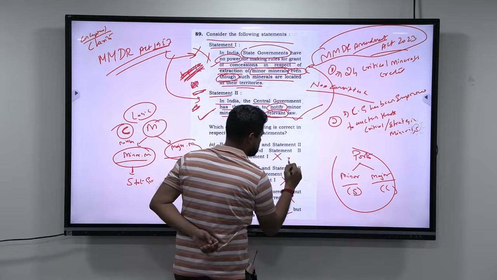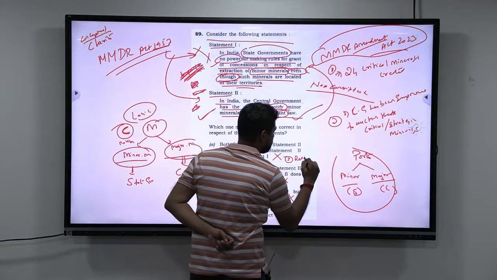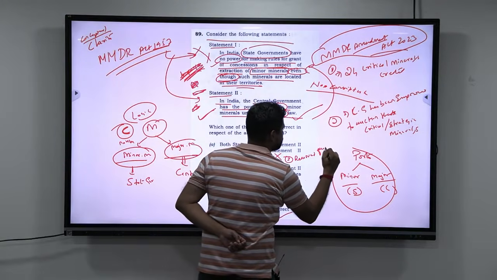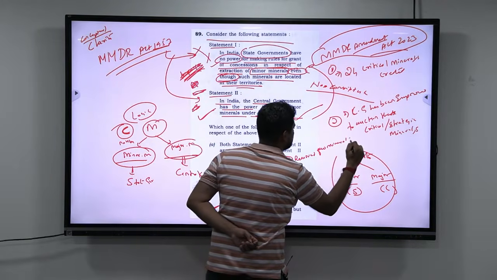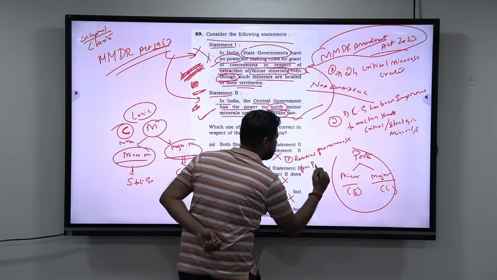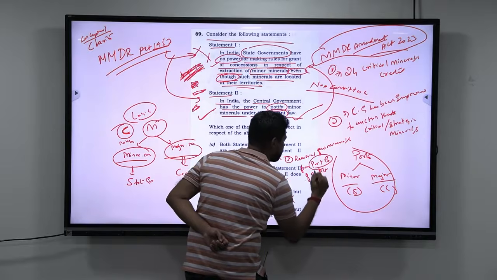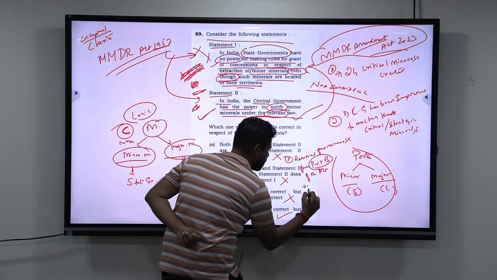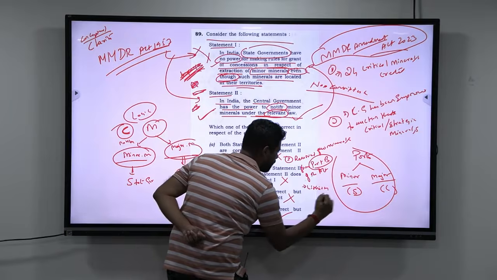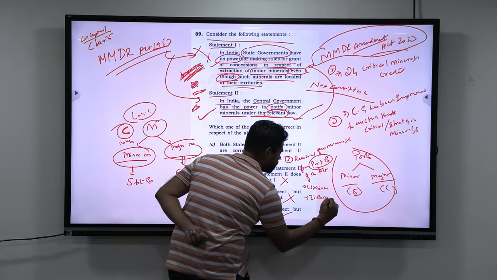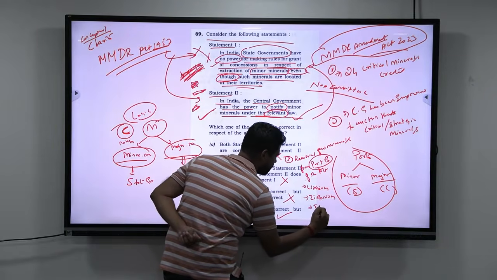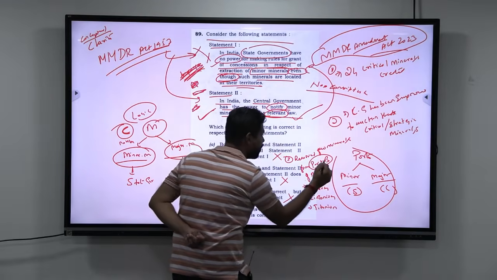The third is they have removed a few minerals from Part B of the Act. What are those minerals? One is lithium, another is zirconium, another is titanium. Next, what is Part B of the Act?